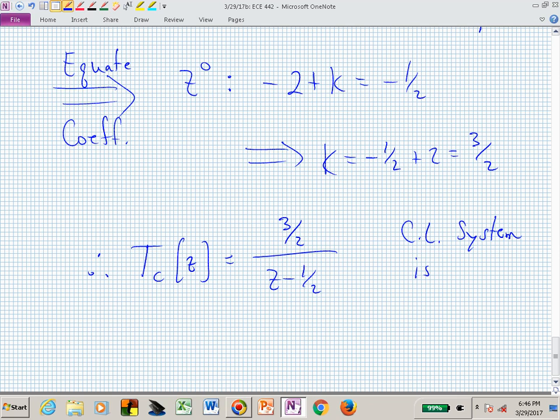I've now pushed that from outside the unit circle to inside the unit circle. I've stabilized my system with a proportional controller, and now maybe I like the way that system is behaving. That was done with a basic proportional controller. So my closed-loop system is stable, and we'll have to stop at that point, and we'll pick up somewhere with more parts of this PID controller the next time.